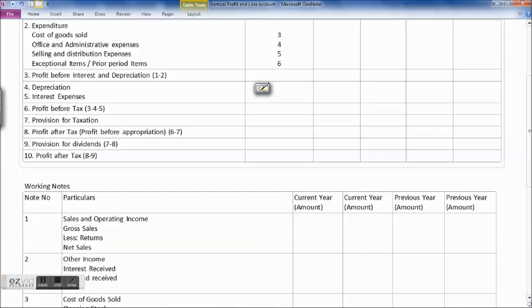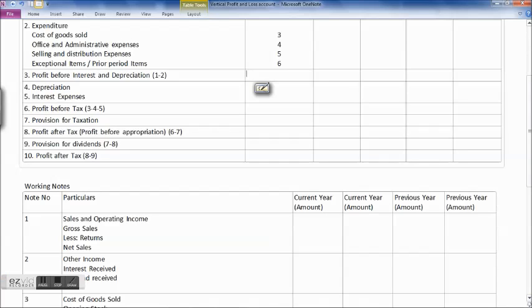Then you reduce your depreciation and interest expense so that you have profit before tax. Then you reduce your provision for taxation. After that, you have profit after tax. Then you have provision for dividend, and then profit after tax and appropriation. So this is how you prepare your vertical profit and loss account or vertical income statement.